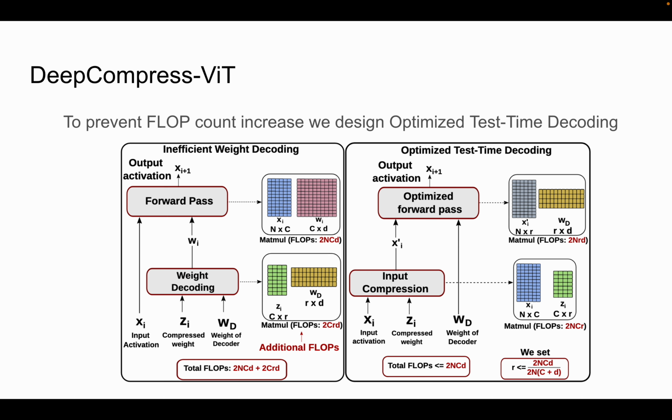To prevent this, we design a lightweight decoder using a single fully connected layer, which makes the overall computation graph a series of matrix multiplications, and we leverage the associative property of matrix multiplication to optimize this weight decoding. We call this optimized test time decoding, which prevents any FLOP count increase during inference, and our overall FLOP count becomes less than or equal to the original FLOP count during inference.